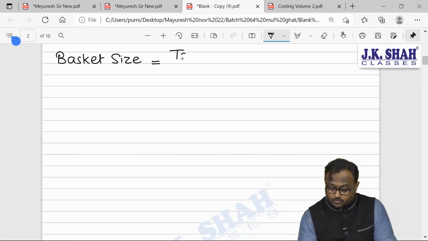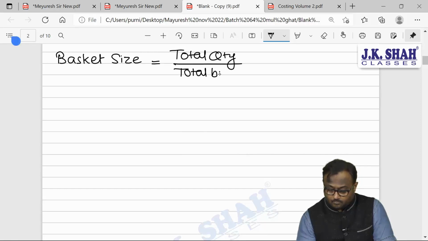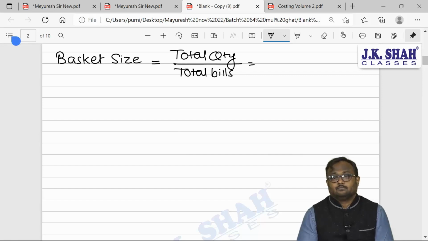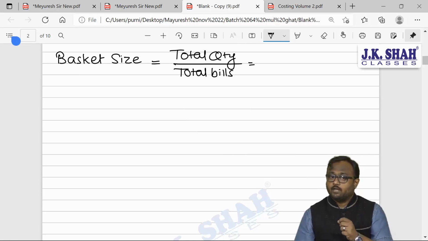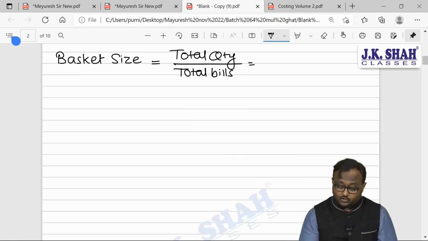Total items divided by total bills. If I am buying 50 items together, there will be one bill. If I am buying 20 items together, there will be one bill. If I am buying 3 items together, there will be one bill. So per bill, how many units are getting sold?